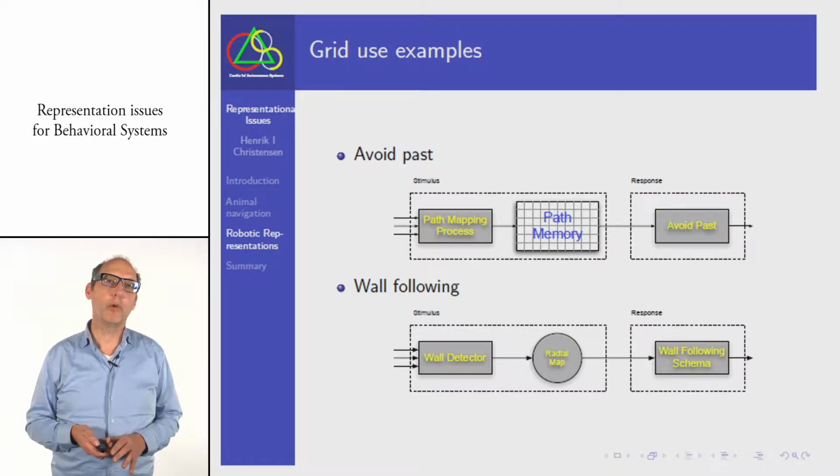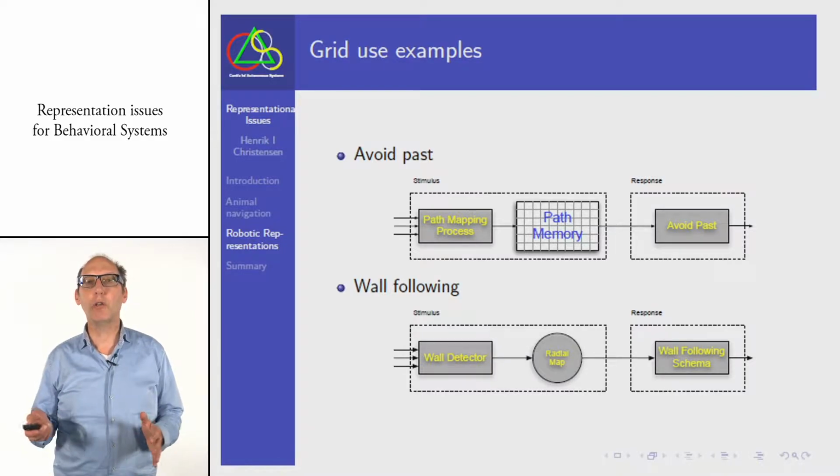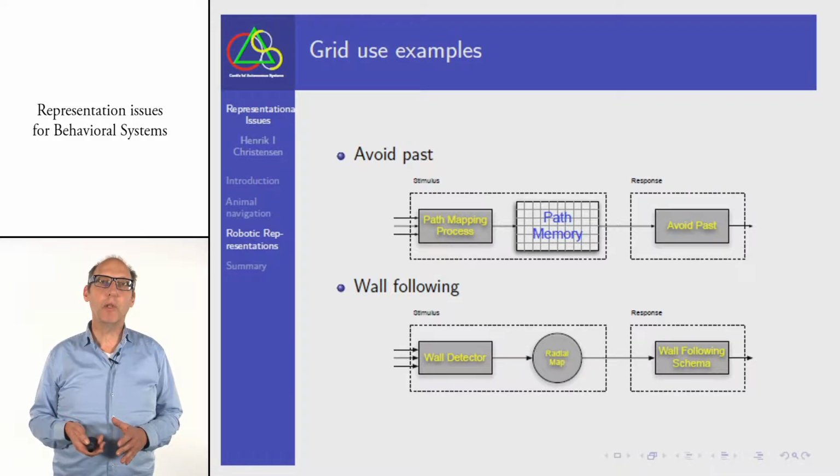And you only have to do that for the wall that's nearby. You don't have to make a complete map, but you want to combine several of those sensor measurements to one concept of a wall.